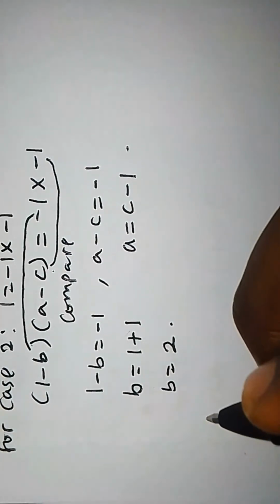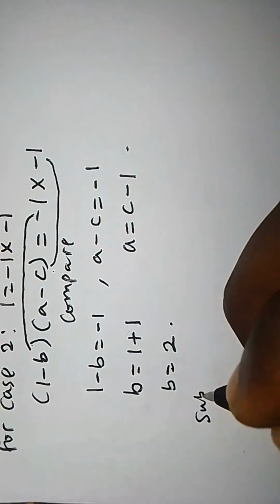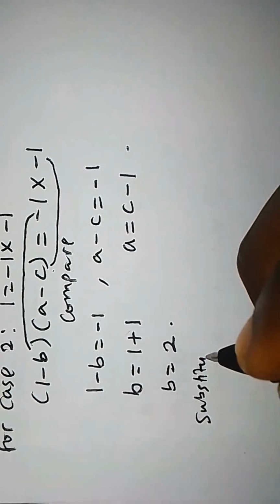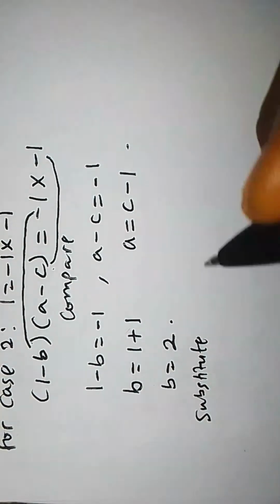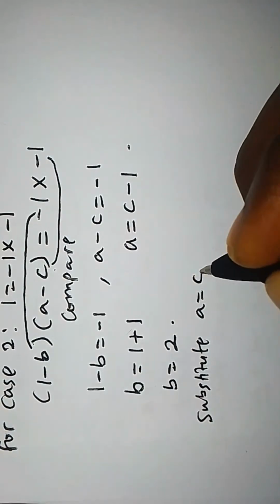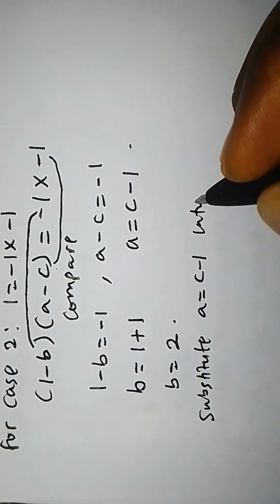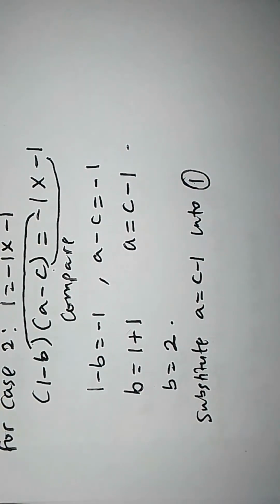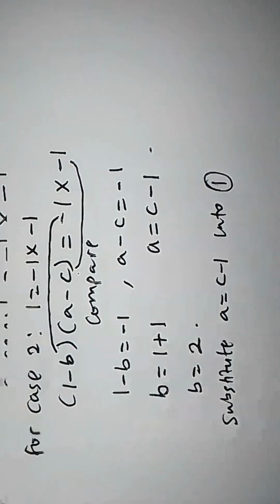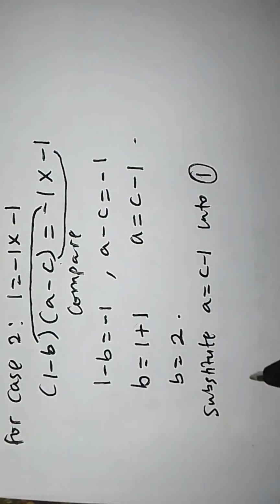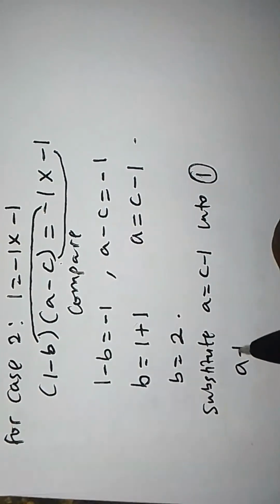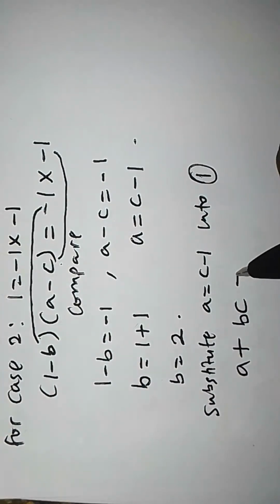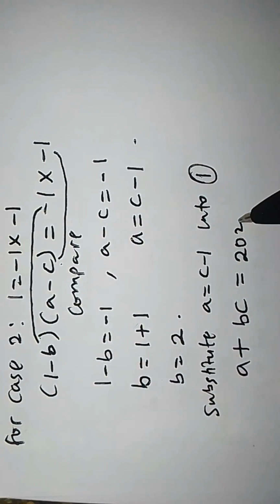Now, let us substitute a equals c minus 1 into equation 1 as we did for the first case. Equation 1 is a plus bc equal to 2024.